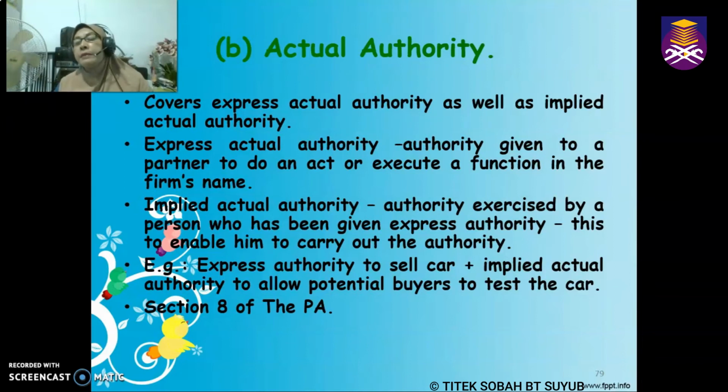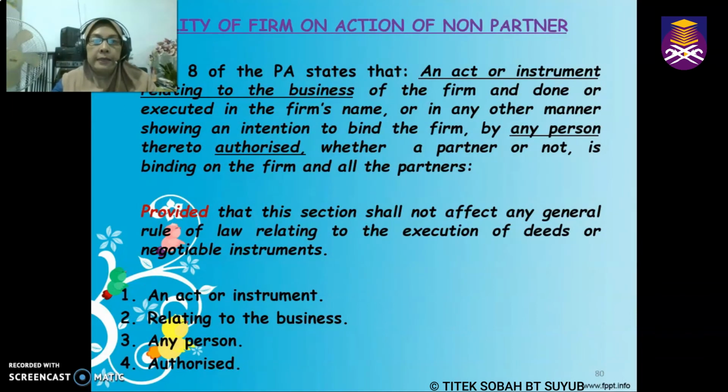It has never been stated in any of my agreement, but I have the power to do so. So this is known as the implied actual authority. I give an example here. It is an express authority for a salesman to sell a car. And what is his implied actual authority? He can allow potential buyers to test drive the said car.